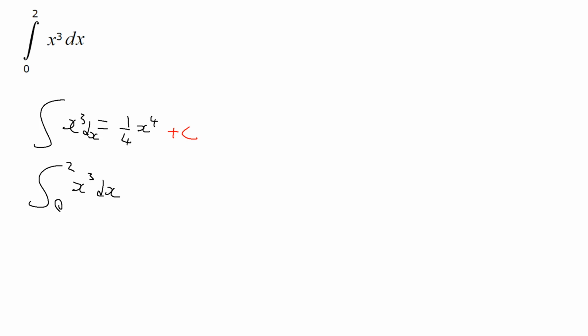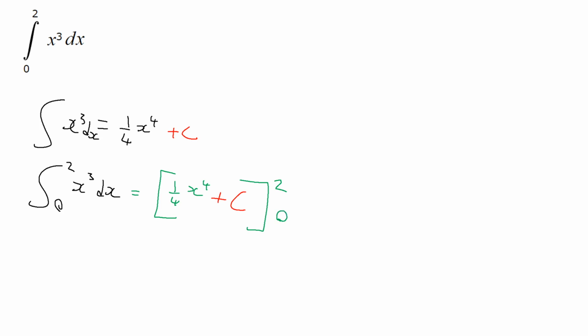The way that we can write this is by putting in square brackets, and we do a quarter x to the 4 plus c. You'll see this is the only case where the plus c doesn't really matter, and you'll understand why in a second. But for now, let's just put the plus c for teaching purposes. And then we do 2, 0.